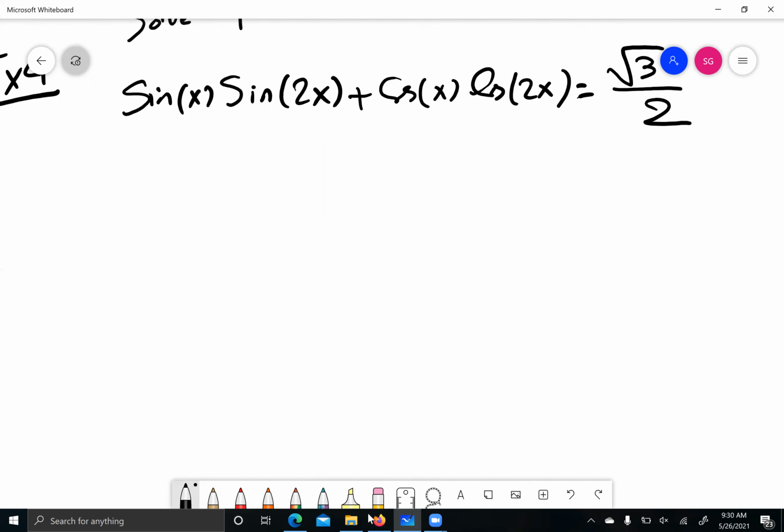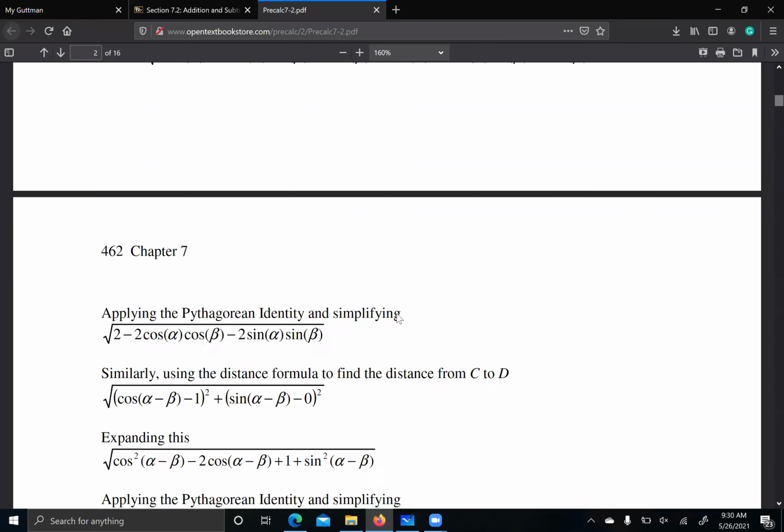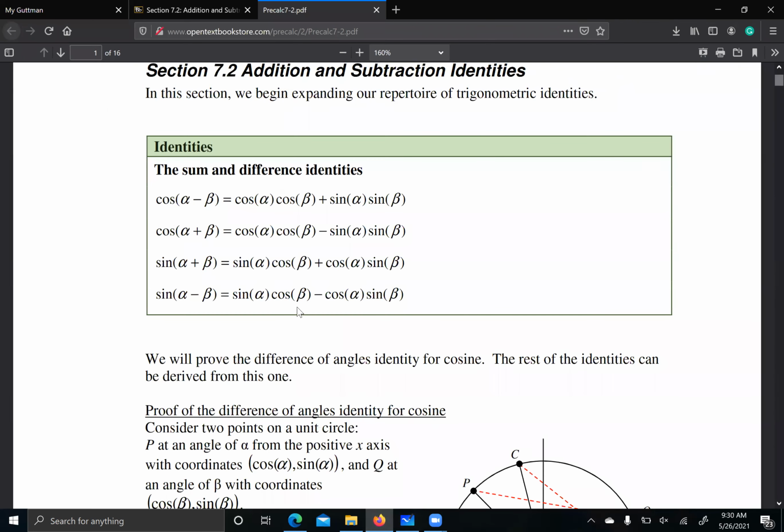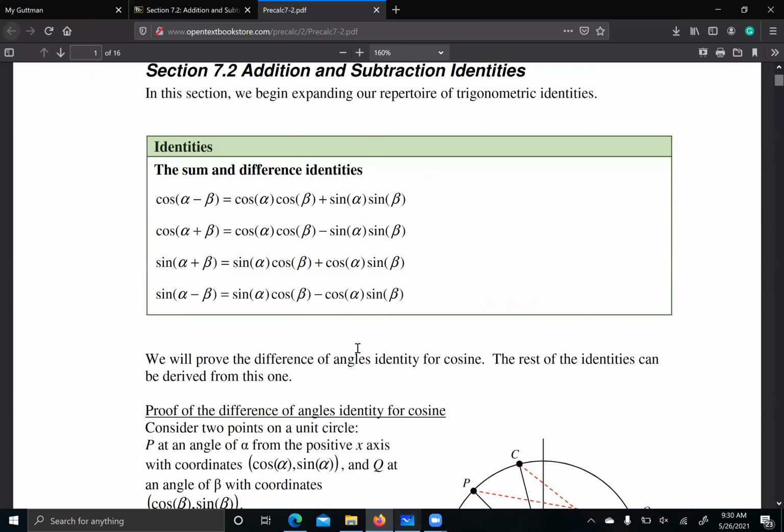Let's see if we can use any identities. So what do you have here? You have sine multiplied by another sine plus cosine times another cosine. So look at the identities and see which one resembles this one. It's the product of two sines plus the product of two cosines. So it's the first one, you see?